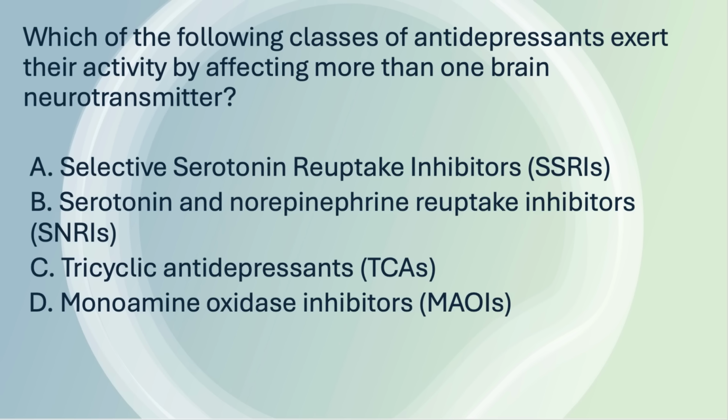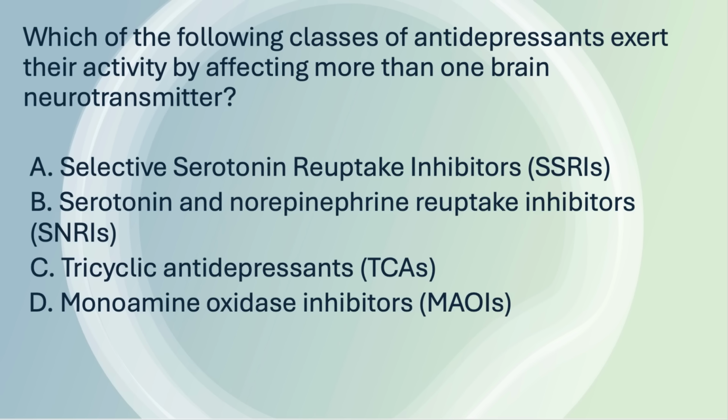That is not the correct answer. They act only on serotonin by inhibiting its reuptake, hence selective. They do not significantly affect norepinephrine or dopamine. And you can think about that by the name: selective serotonin reuptake inhibitors. That is all they do.